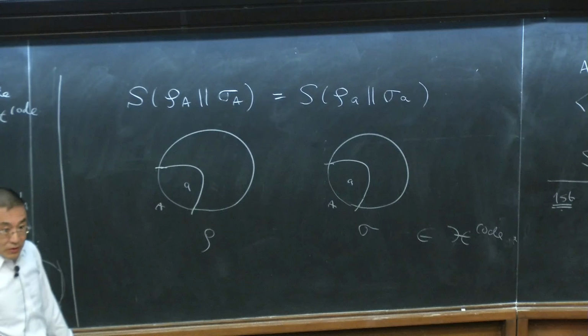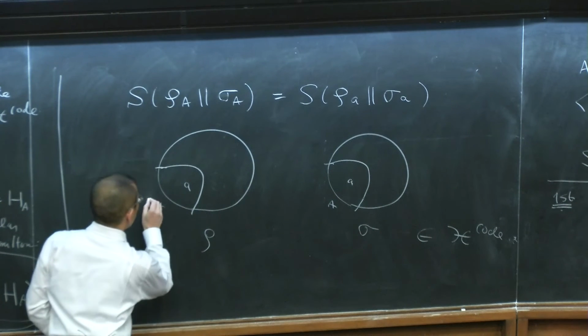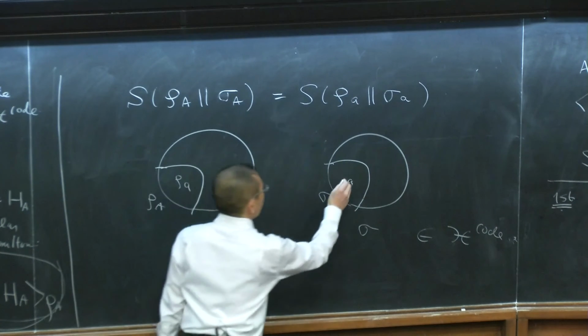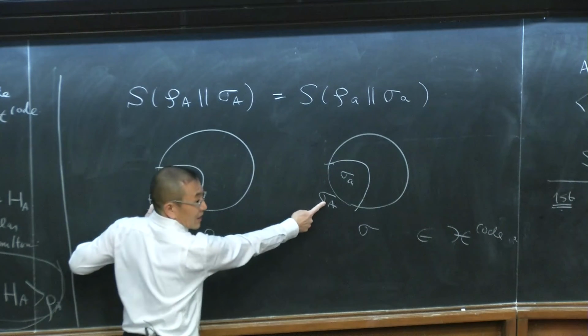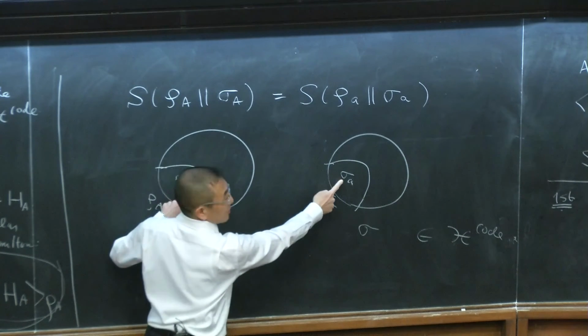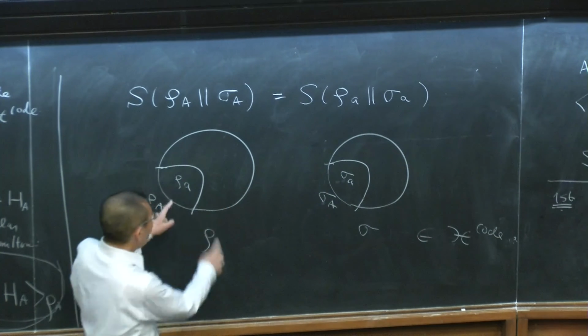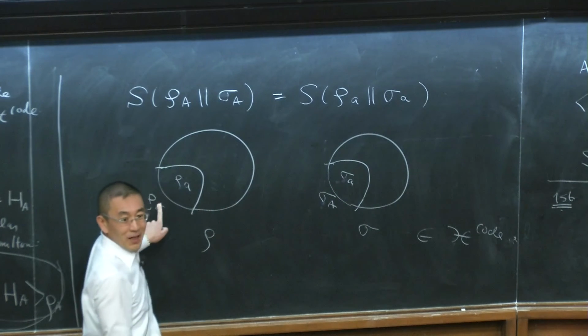What this is telling you is that if you consider the density matrices rho of A and sigma of A on the boundary, and rho of A and sigma of A in the bulk, then these two are the same if and only if these two are the same, and vice versa. Namely, whatever change occurs over here, you can detect on the boundary.